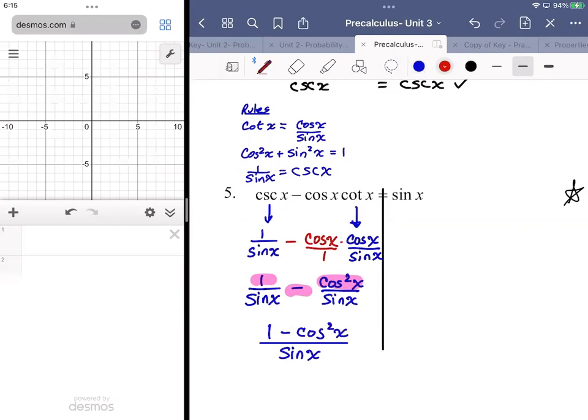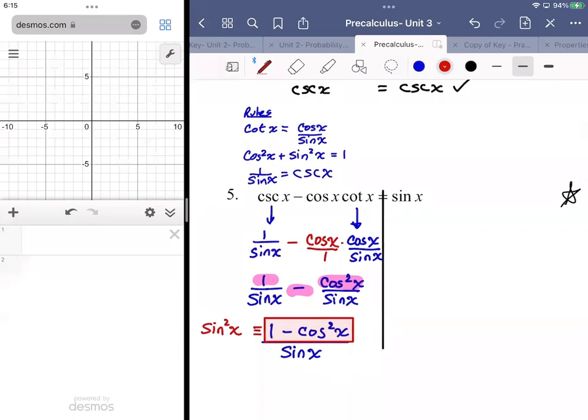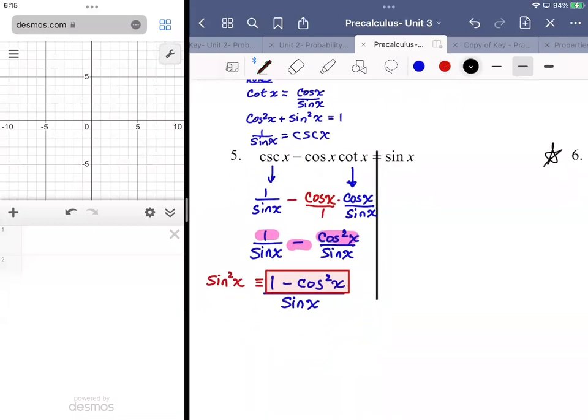All right. And we learned last time that this, by rule, is equal to sine squared of x. So we're looking at sine squared of x over sine of x. That simplifies down to just the sine of x.